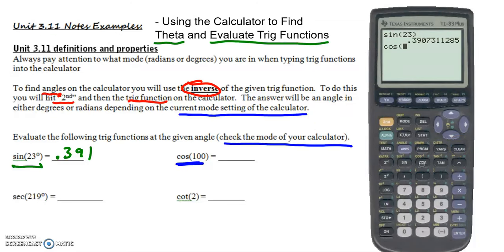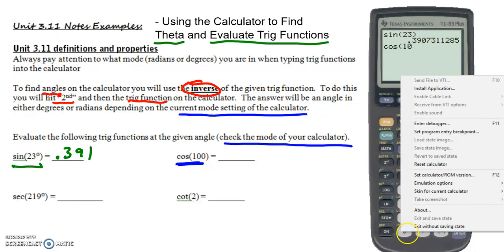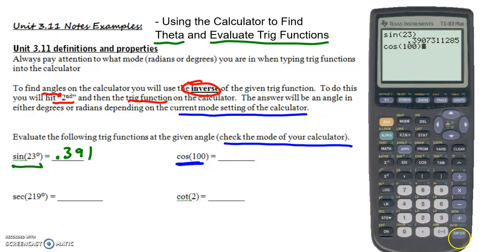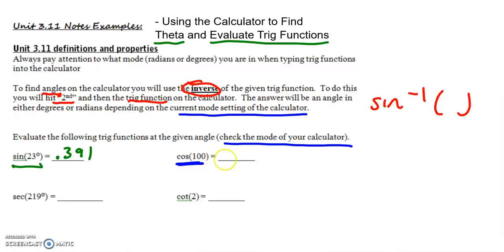Now if you press cosine of 100, the calculator knows you're talking about radians. So if I plug in an angle measure of 100 in radians, my ratio out is 0.862. So that's what I'm going to write here, 0.862.